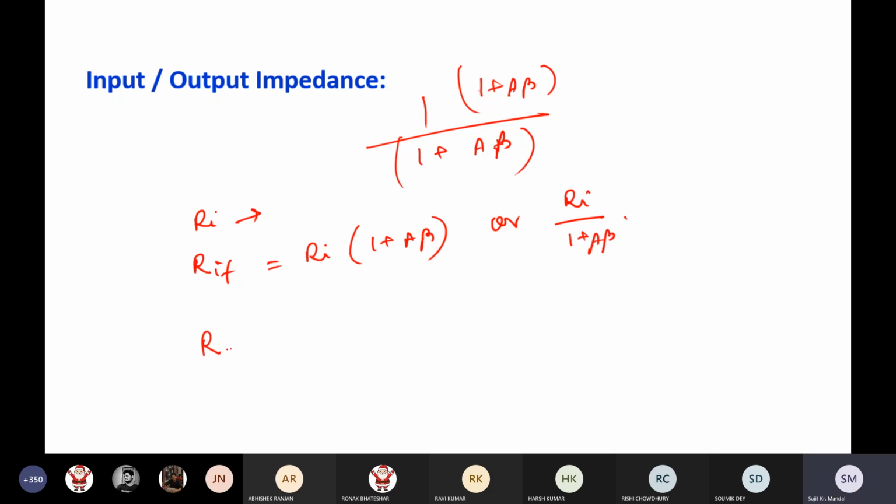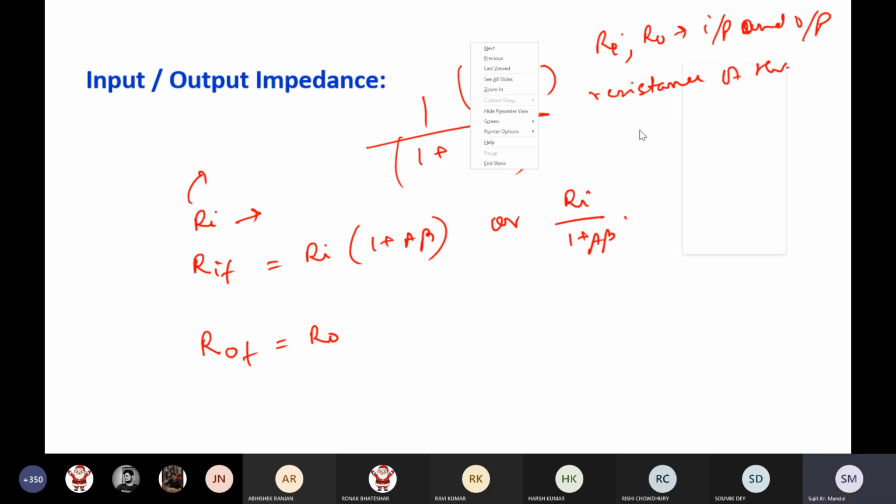Similarly, the output resistance of the feedback amplifier. Let me define Ri and R0 as the input and output resistance of the amplifier without feedback.